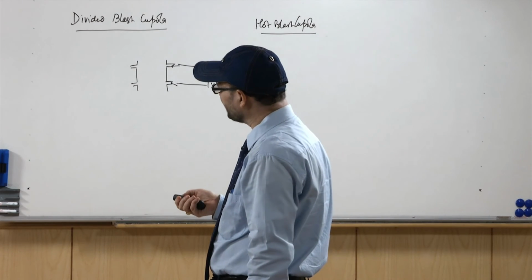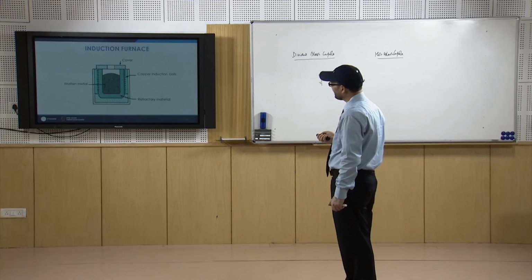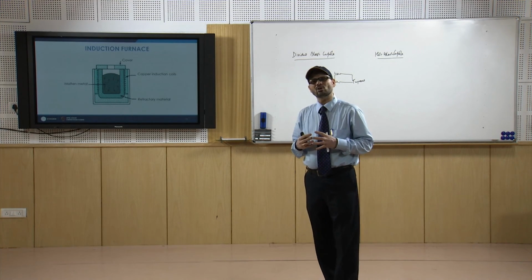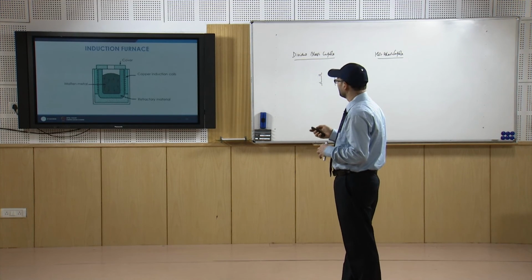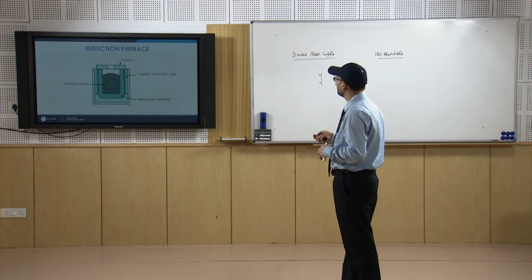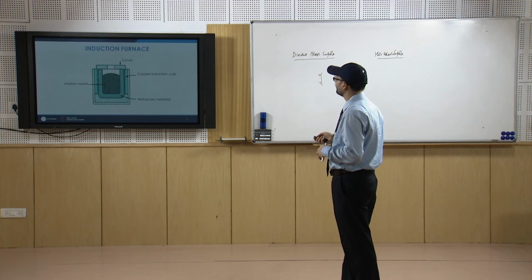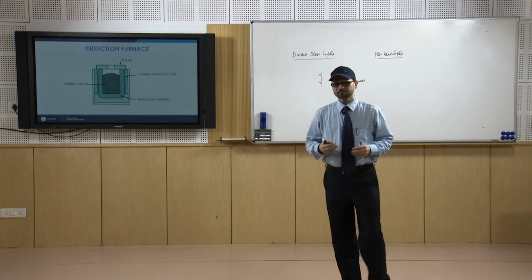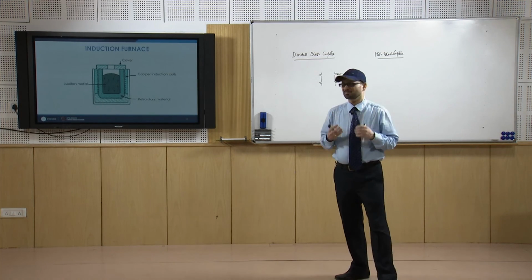This heat is enough to melt the metal in a very short time. The agitation is seen, these currents are generated, and because of that induction current you have induction heating, and this way you have the melting of the liquid metal.